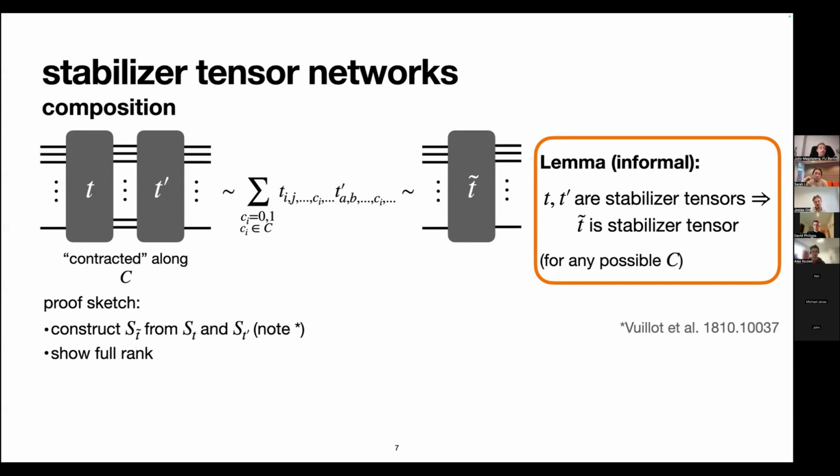And we did it by constructing a group and then showing it's actually full rank. So it actually uniquely determines this T tilde tensor. There's no additional degree of freedom left after this assignment. The algebraic methods are very group theoretical and highly inspired by the paper that I show here.